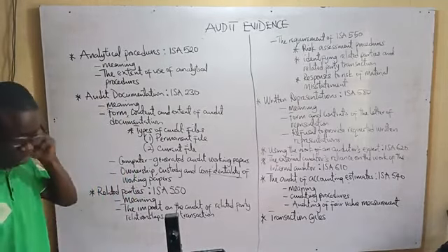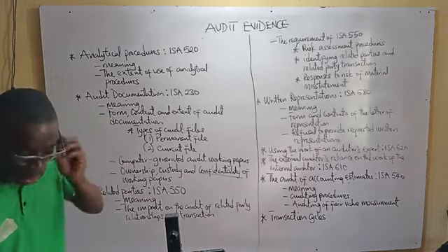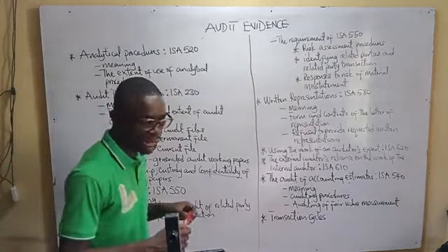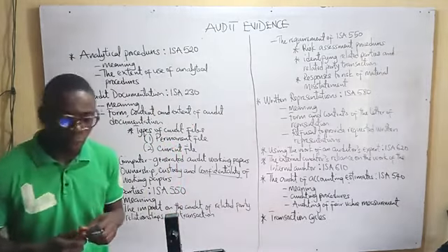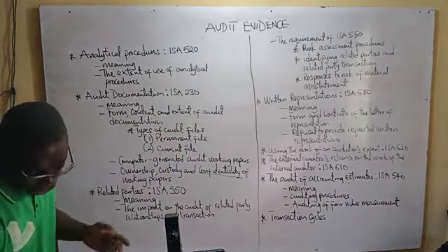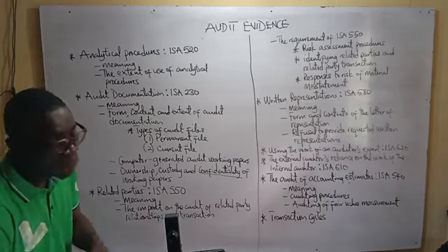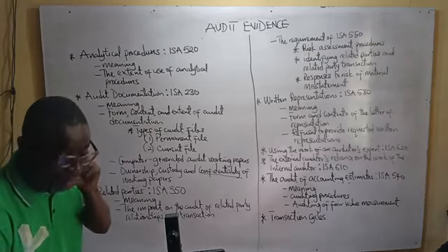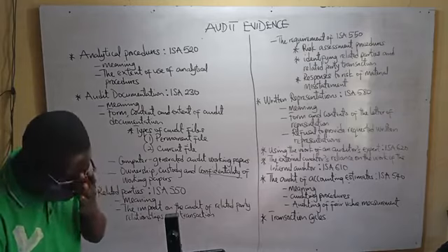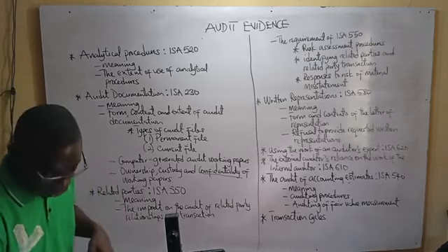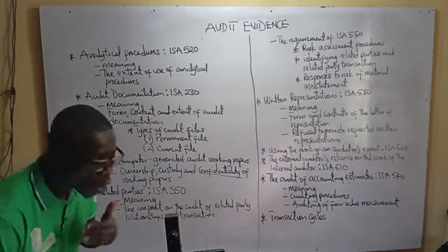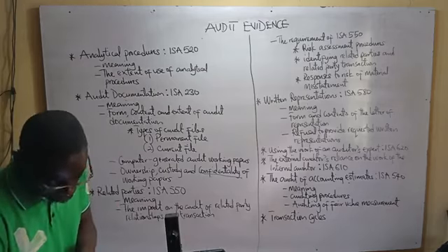In knowing the impact, we have to know that not all related party transactions are material and can result in material misstatement in the financial statements. Some may not have material misstatement in the financial statements.